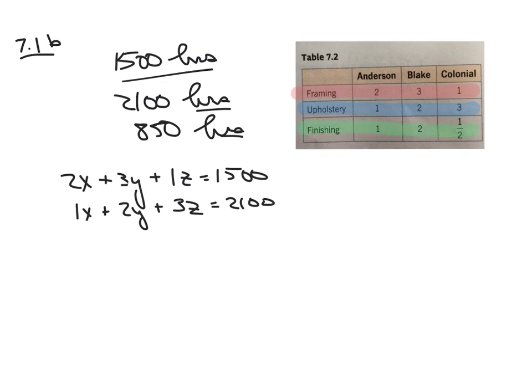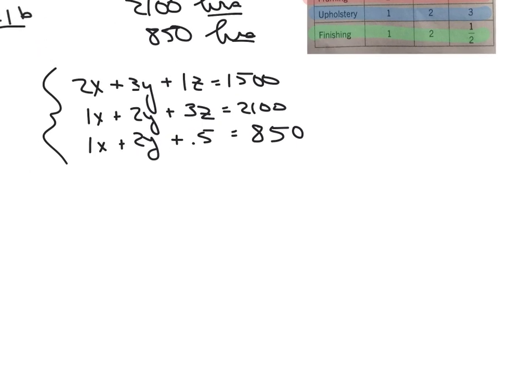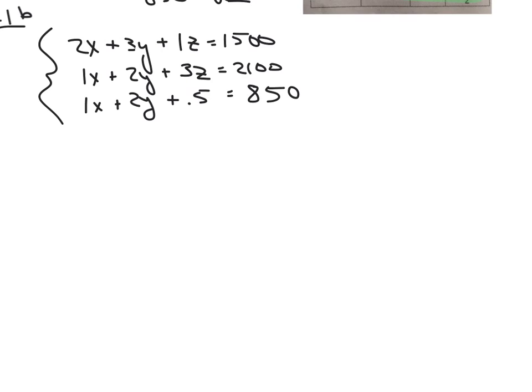And then that's how much to finish: 1x plus 2y plus, 1/2, let's use 0.5z, equals 850 hours. There's our system of equations there. And we can get rid of everything else because we are just solving for this system here.